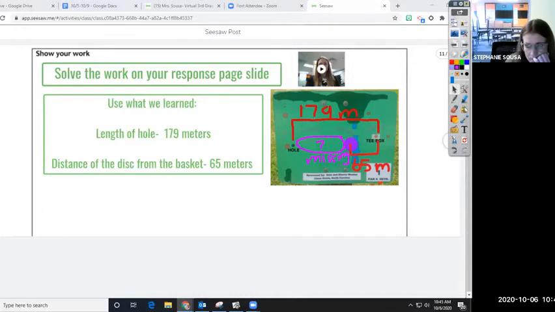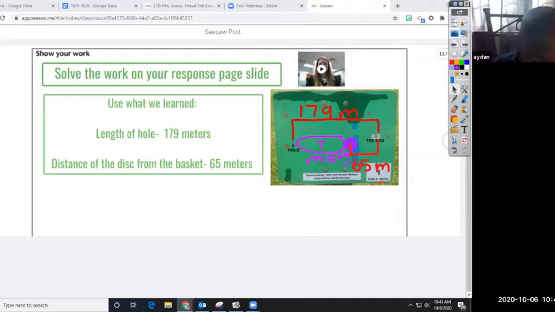Hold on. Okay, scroll up, all the way up. Go all the way to the top. Okay, scroll down one by one until you get to the one that says 3-Act Task. Here it is. There you go.